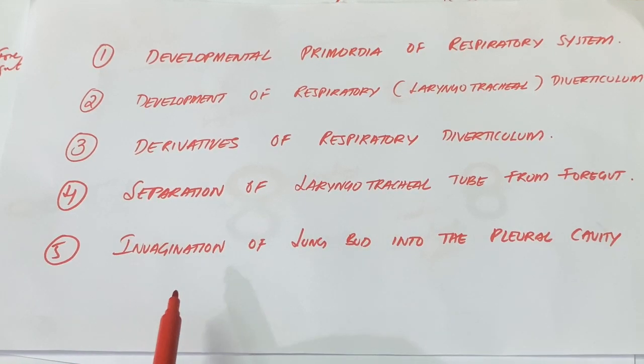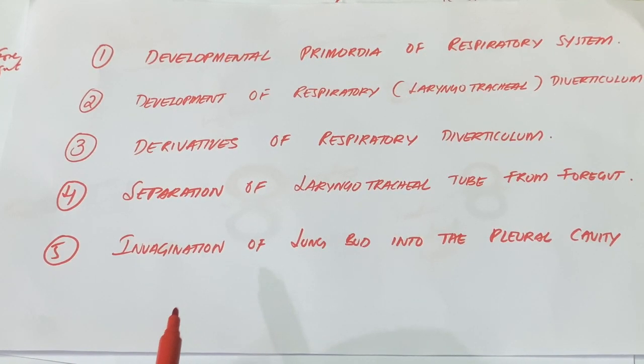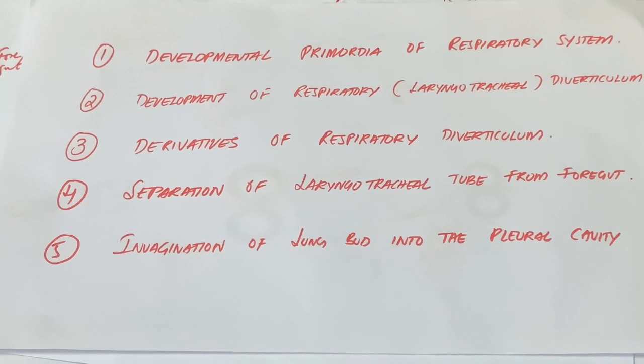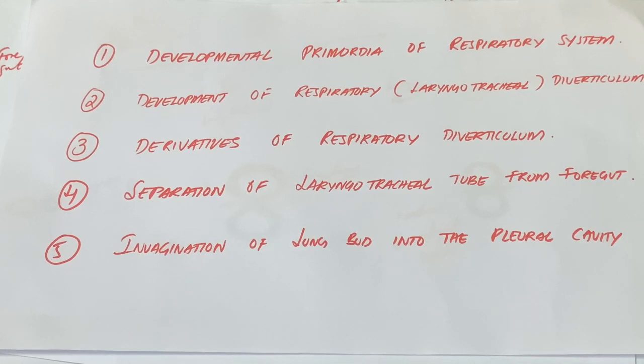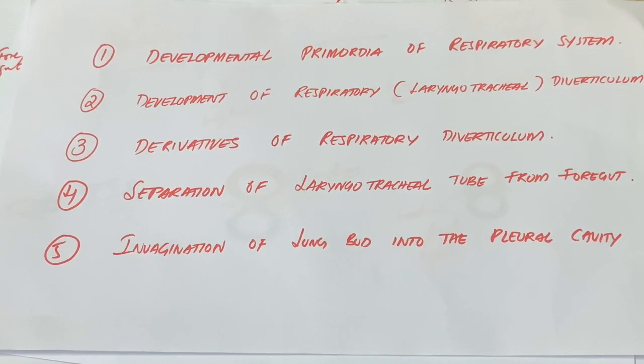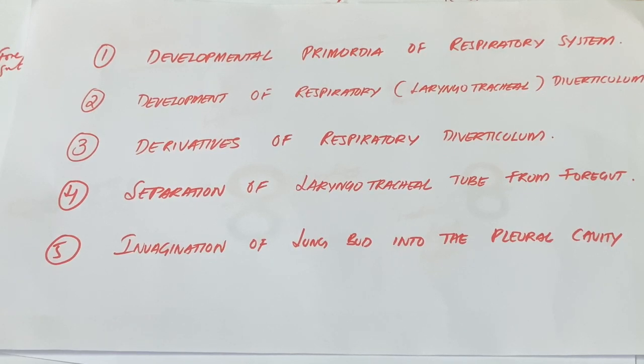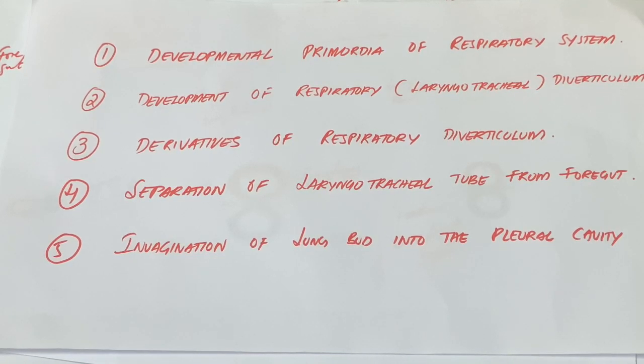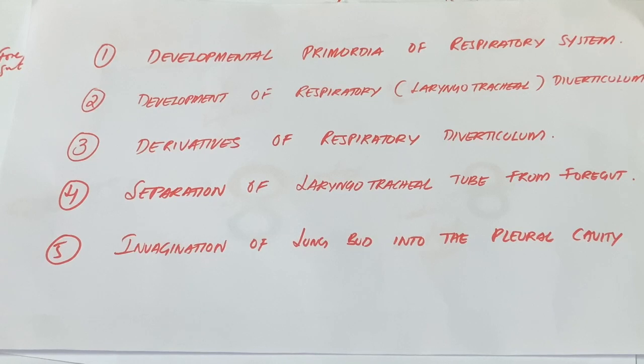Now coming to the last point, which is invagination of the lung bud into the pleural cavity. Now you know that the caudal part of the laryngotracheal diverticulum enters the thoracic cavity, and there it gets bifurcated. That bifid part of the caudal part of the laryngotracheal diverticulum is called a lung bud.